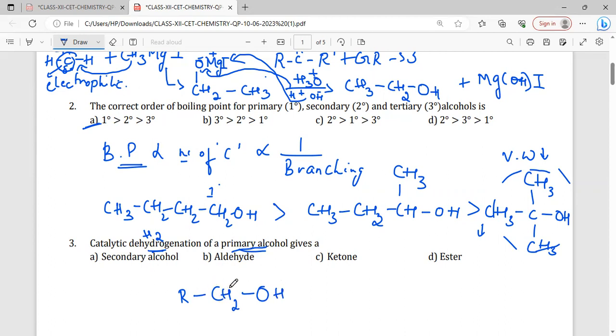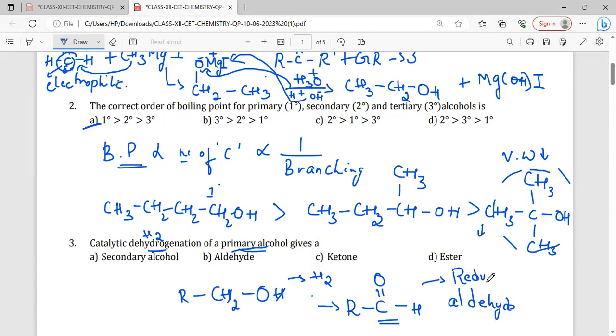Now, if I remove one hydrogen from here and one hydrogen from here, obviously I'll be removing two hydrogens. You will be getting R, C double bond O, and H. So you'll be getting RCHO, an aldehyde.